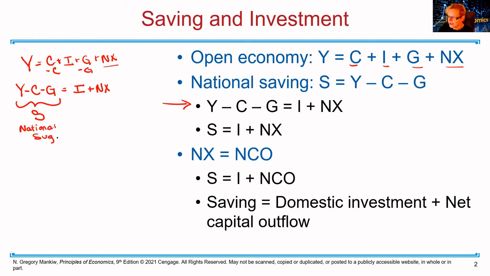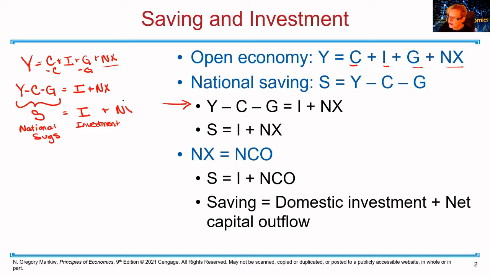And we looked at it from the tax implications, but now we're going to look at it from an open economy perspective. So national savings is equal to investment, and that might be investment both domestic and abroad, plus net exports.